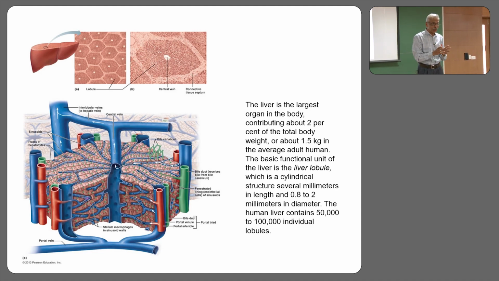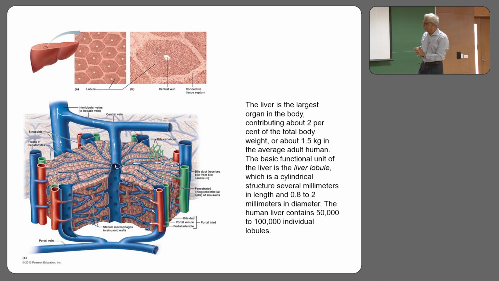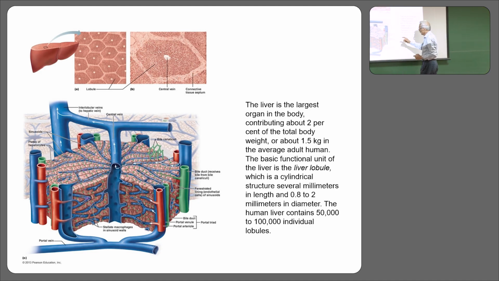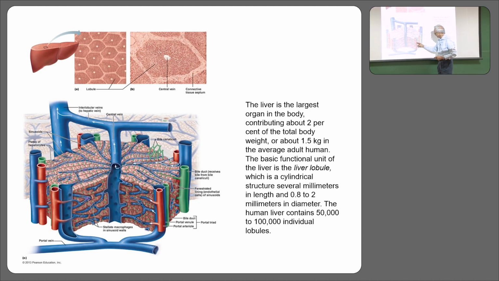You suddenly find that you are joined by another capillary. That capillary is bringing the arterial blood from the hepatic artery. Let me try to clarify this. So this is the red vessel, it is bringing what kind of blood?